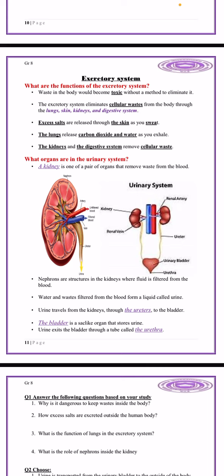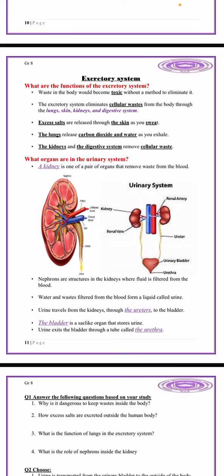The excretory system eliminates many wastes, whether through the skin in the form of sweat, which can remove excessive salt. This is a part of excretion. Also the lungs expel the unused gas, which is carbon dioxide, when you exhale. So this is also a part of the excretion. So we don't only excrete through the urine and stool.